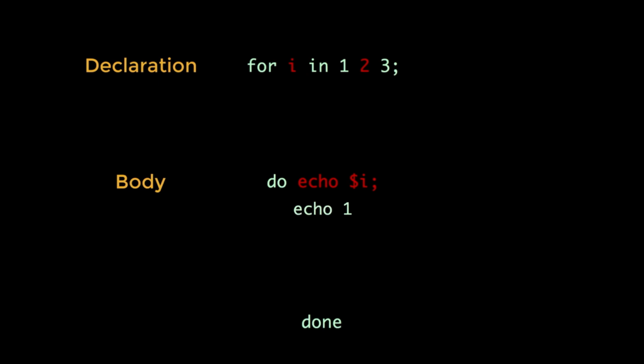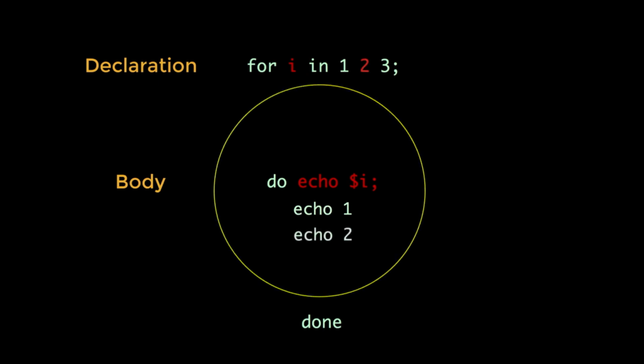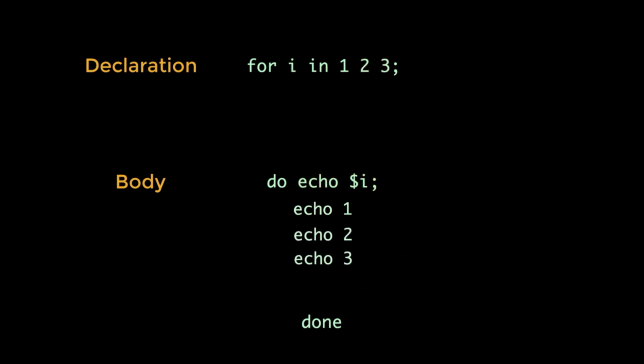In this case, now it's the number 2. Then the body is run again, and the process is repeated until the end of the list is reached. The last section, called the end, contains only the word done, which means exit the loop after all of the items in the list have been run through the body of the loop.